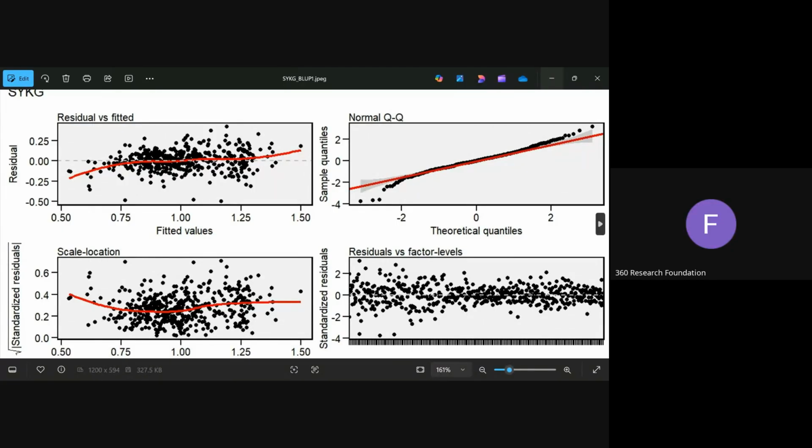Yeah, mainly if you can see in this normal QQ plot, all these genotypes' distribution is a normal distribution. Majority of it is normal distribution, so the error is minimum.